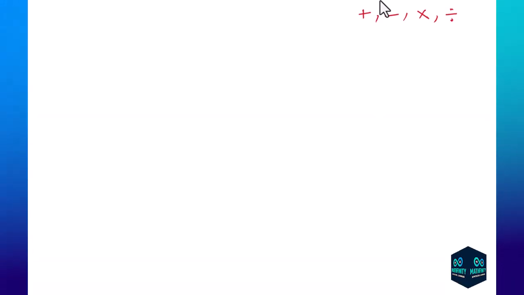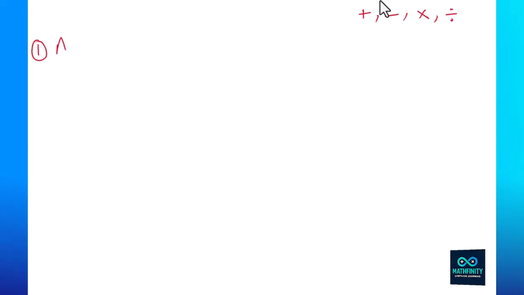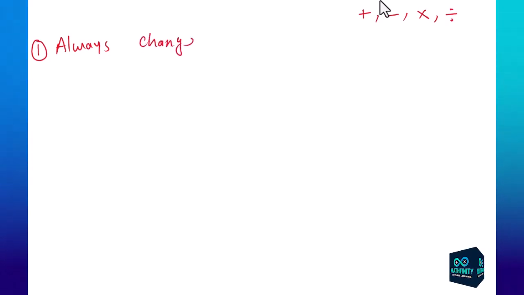Whatever the operation you will see in the exam between the fractions, the first step is always: change mixed number to improper.